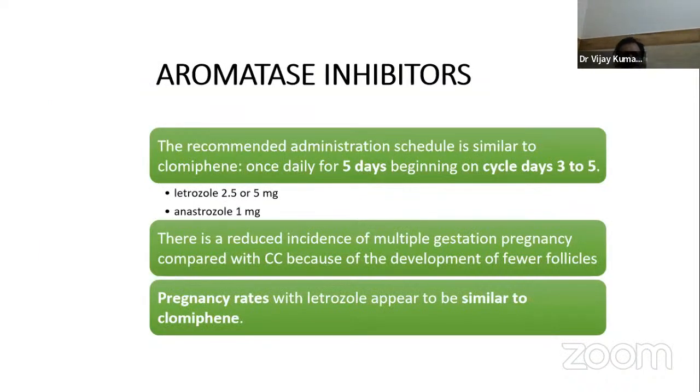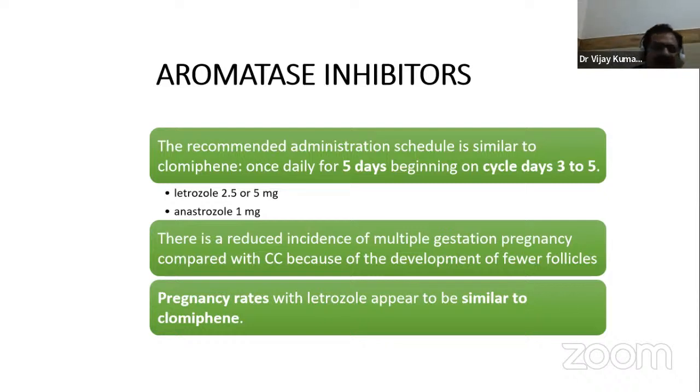So for all these reasons, they tend to use the other ovulation induction agent, that is the aromatase inhibitor. It could be letrozole, which comes in the dosage of 2.5 to 5 milligram, or it could be anastrozole, the 1 milligram. Basically, these molecules are the aromatase inhibitors.